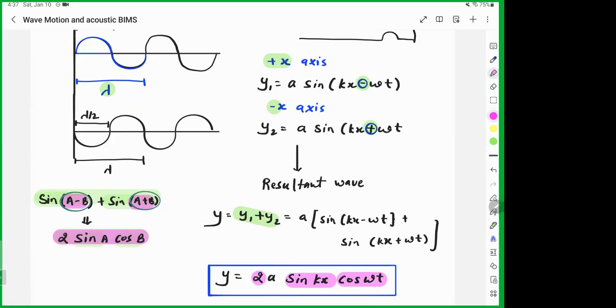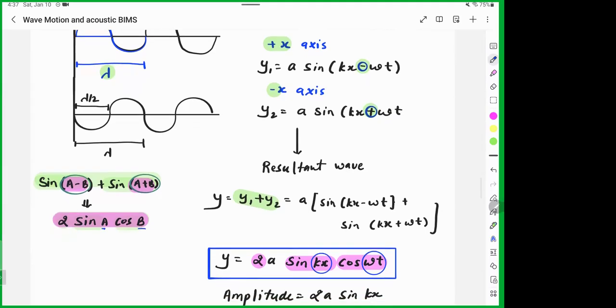Understood, guys? Ask your doubt. Because this kx is like A and this omega t is like B. Got it? Yes. Kx is like A and omega t is like B, and we said sine A and cos B. Got it?